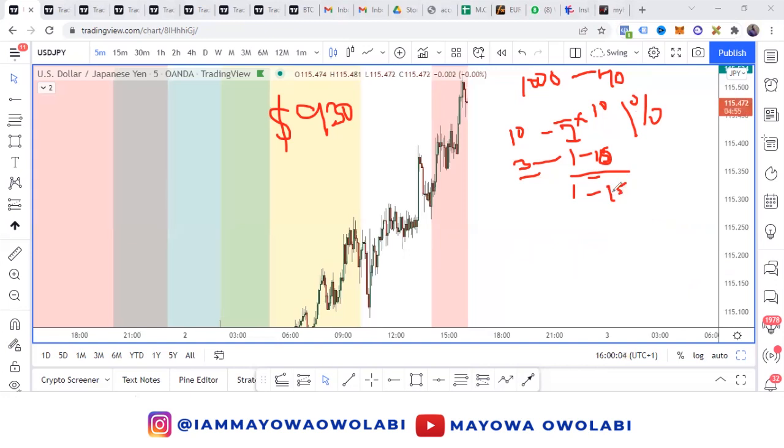Okay, we have done 1 to 15. So 1 to 15, that is, I risk 1% to make 15%. So this is 15%.